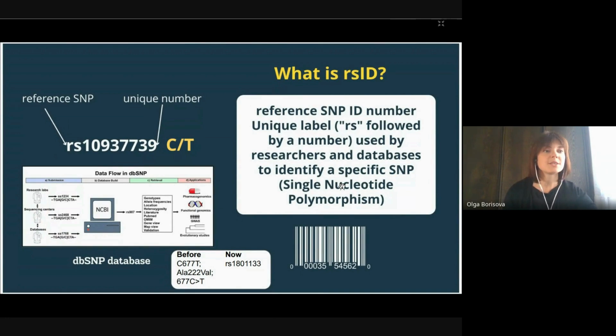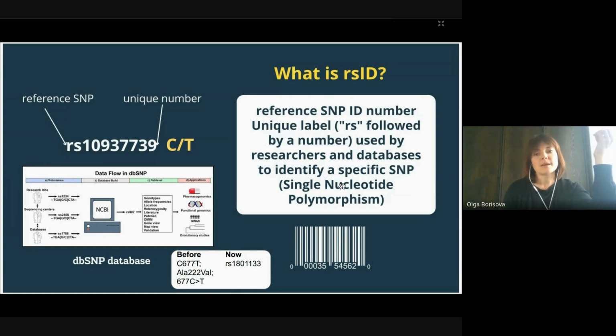The first one is RSID, and Maria will probably mention this a few times today. So what is RSID? It's like a special code that is given to a tiny spot in our DNA sequence, which is called a SNP, or single nucleotide polymorphism.